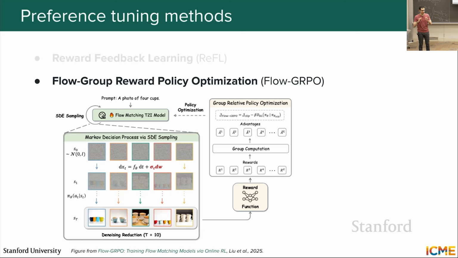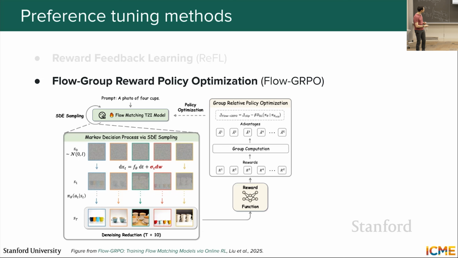One thing that I want to say, and it's true for all of these reward-based approaches, is that your reward is not necessarily fully aligned with what you care about. And so you can have a problem of reward hacking, where your model is being updated too much to optimize a reward that is not perfectly aligned with what you want.